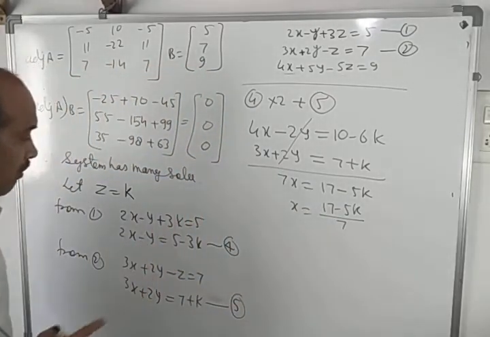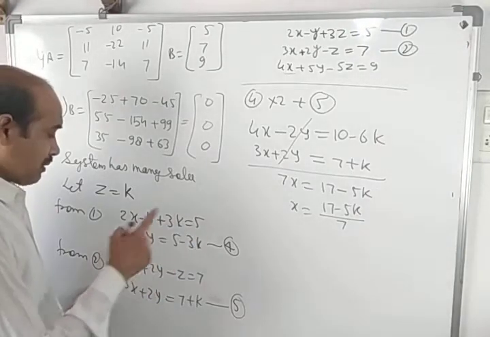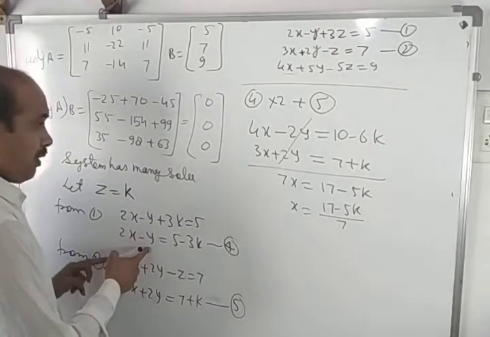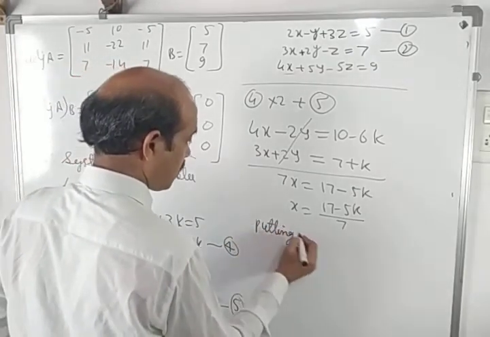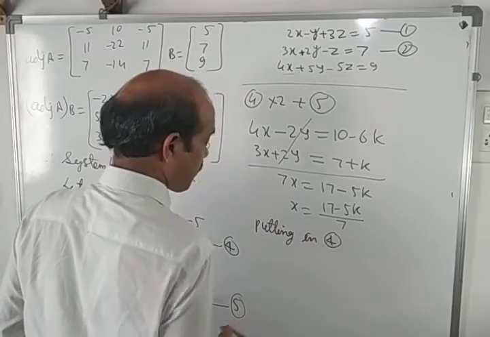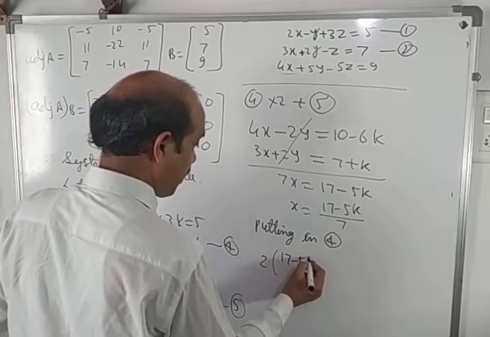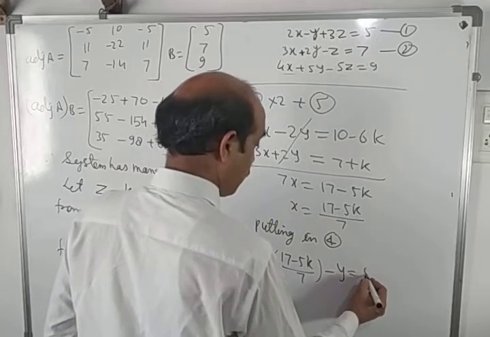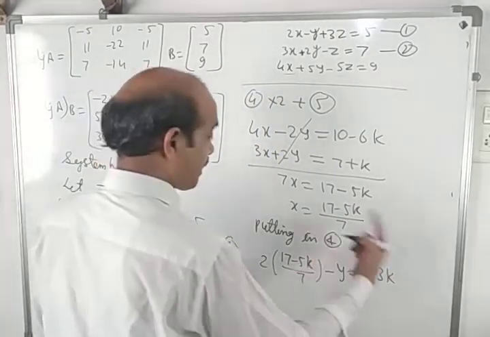So x is 17 minus 5k upon 7. Now putting this value of x in any one of the equations, we will get the value of y. For this we are putting the value of x in 4. Putting in 4, we will have 2 times 17 minus 5k upon 7 minus y equal to 5 minus 3k, and y is required, so we are sending this to the right hand side.